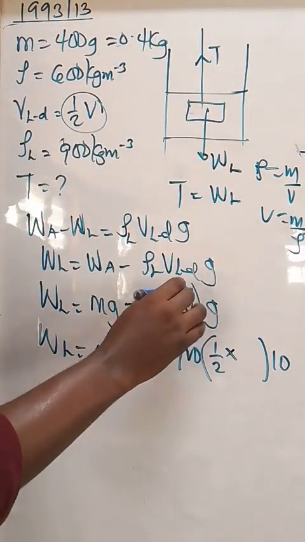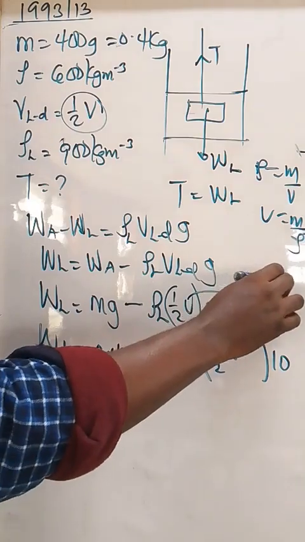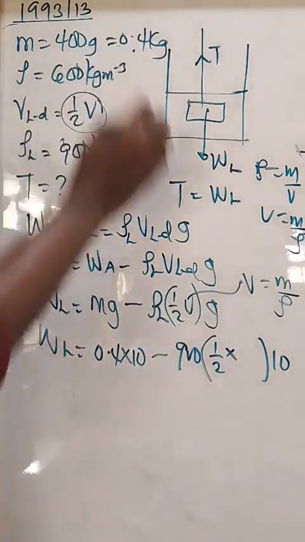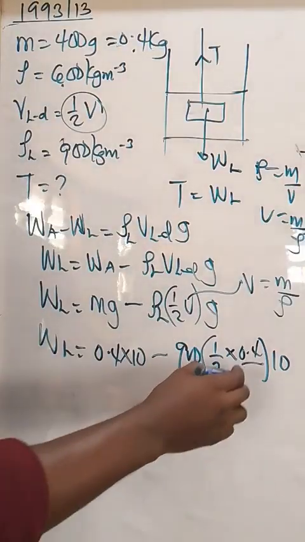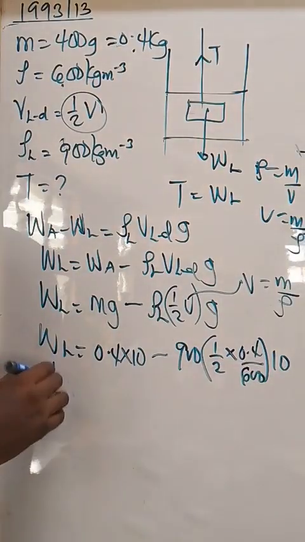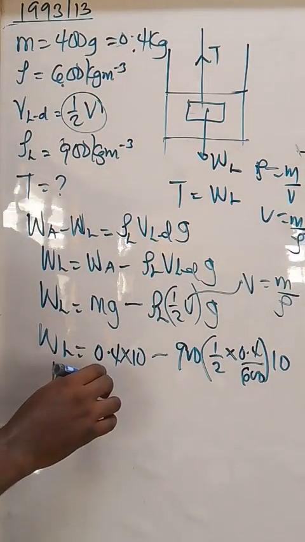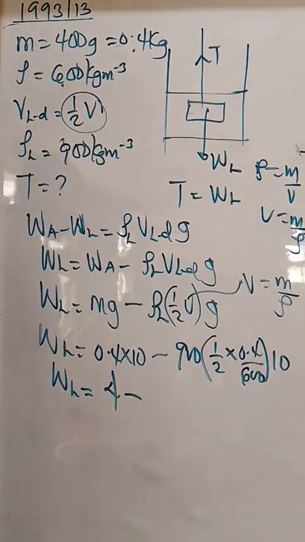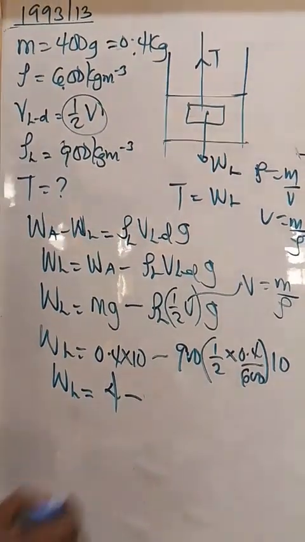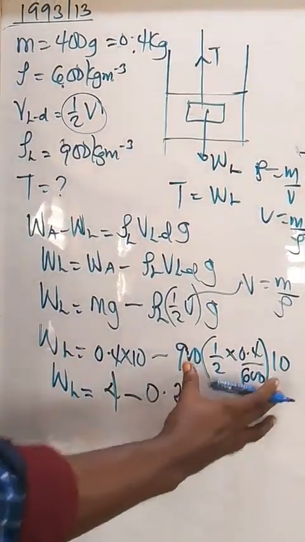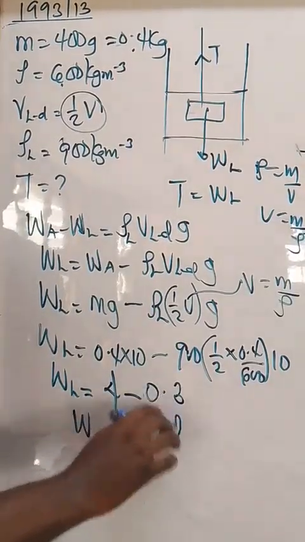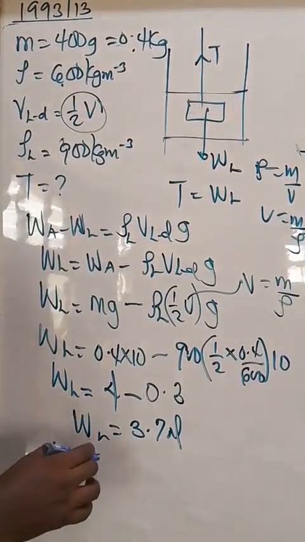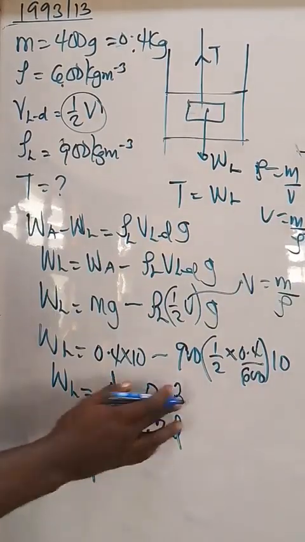What was the mass? 0.4, over the density of the body, 600. So from here, weight in liquid equals 4 Newton minus everything here, which is 0.3. Weight in liquid equals 3.7 Newton. So therefore the tension, sorry, is 3.7 Newton.